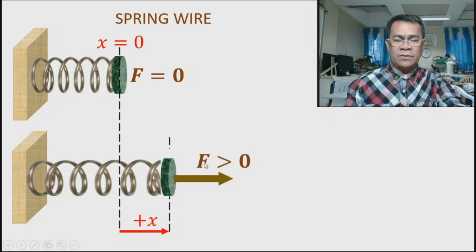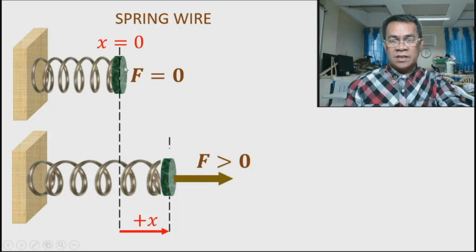The spring was displaced because of this force. Remember that this force is not a constant force. Unlike before, when you apply a force on a block, you can assume that if you maintain your applied force, you are displacing the object with a constant force. But for the spring, the force is not constant.